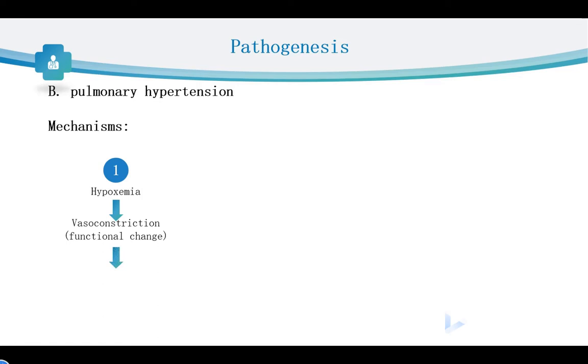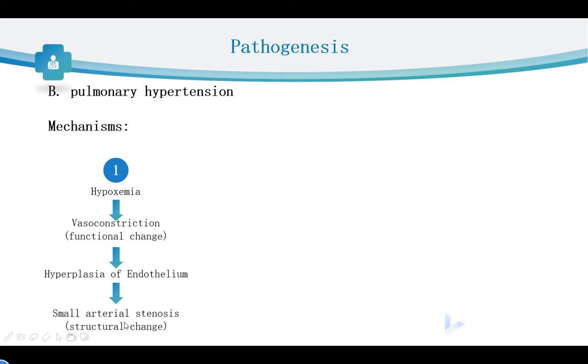If the hypoxia exists for a long time, it can induce the hyperplasia of the endothelium, which will finally cause the structural change of the small arteries. It's called small arterial stenosis.